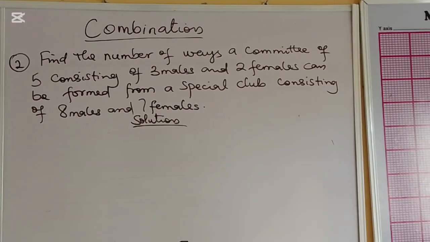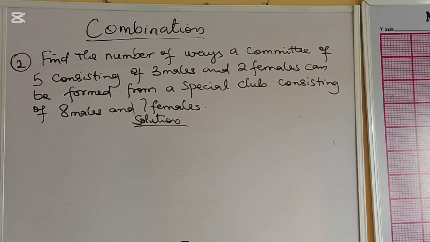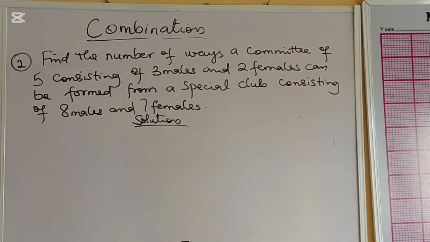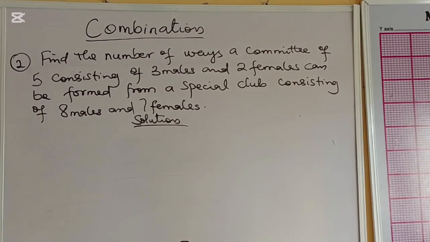Alright, let's solve number 2. Find the number of ways a committee of 5 consisting of 3 male and 2 female can be formed from a special club consisting of 8 male and 7 female.